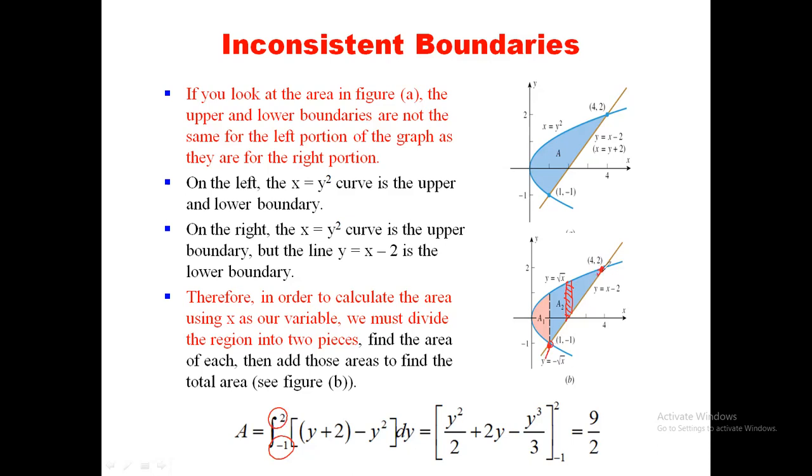Here y is equal to 2. How did this come about? How did this particular limits come about, the negative 1 and 2, for this area that we have? Paano siya nakuha? How was it determined?